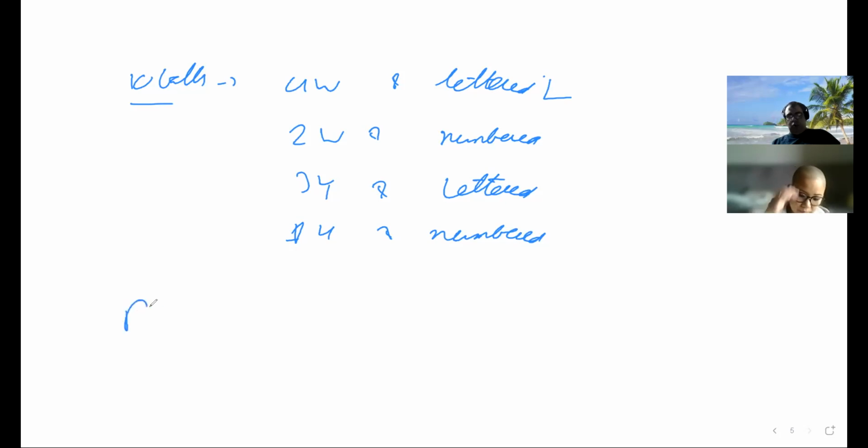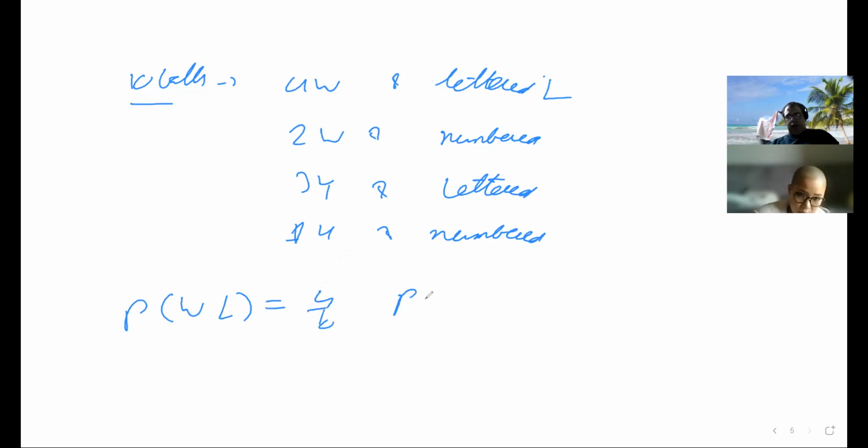If I ask you to find the probability of white and lettered, can you tell me the answer? 4 by 10. Exactly.